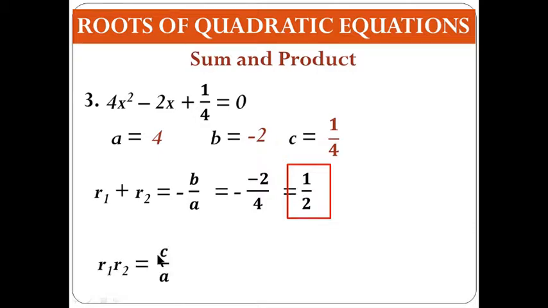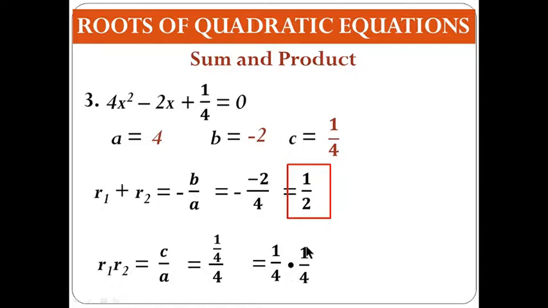And for the product, c over a. So, yung c natin is 1/4. And a is 4. Then, get the numerator, which is 1/4. Then, multiply the reciprocal of the denominator, which is 4. So, the reciprocal of 4 is 1/4.